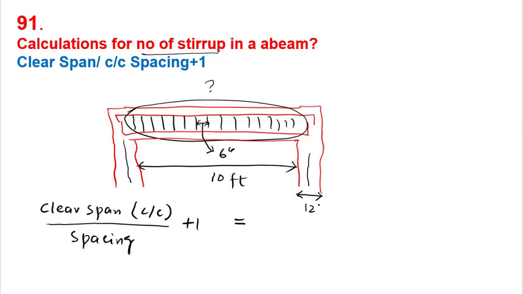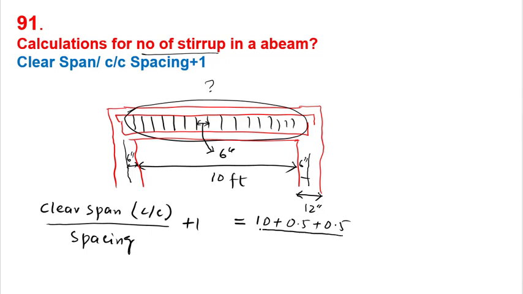Let's say this is 12 inches, so its half will be 6 inches, and this is also 6 inches, right? So what is going to be the clear span? Total clear span will be 10 feet plus 6 inches plus 6 inches, meaning 0.5 feet plus 0.5 feet.